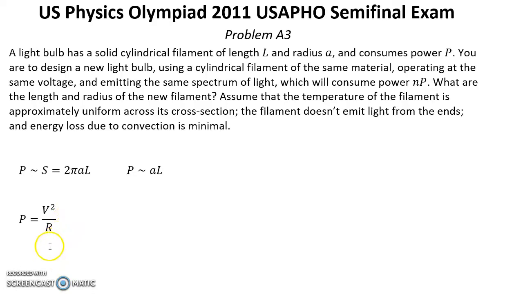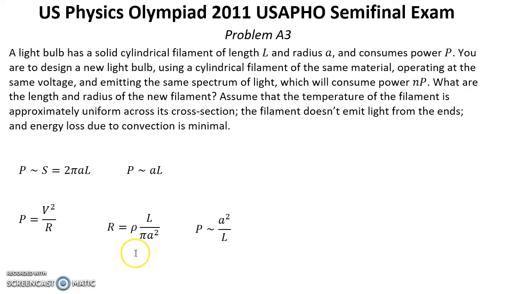Now let's count what is the resistance of a new bulb compared to geometry. So resistance equals resistivity multiplied by the length of the bulb and divided by the cross-section area, which is pi a squared. So connecting this power and this resistance, we will find that power must be proportional to a squared over L, because voltage and resistivity are the same.